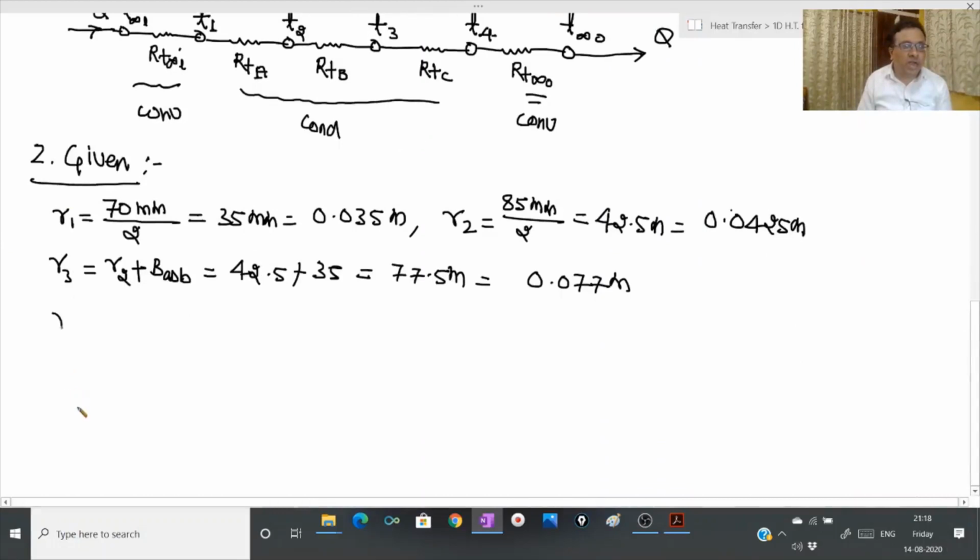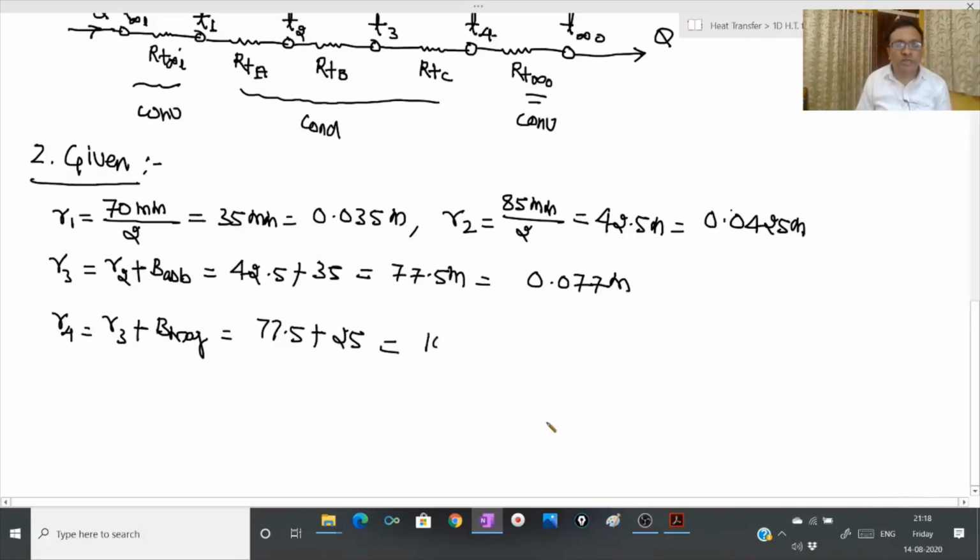Then R4 will be the outer radius of magnesia insulation. This will be R3 plus thickness of magnesia insulation. So it will be 77.5 mm plus its thickness, which is given as 25 mm.